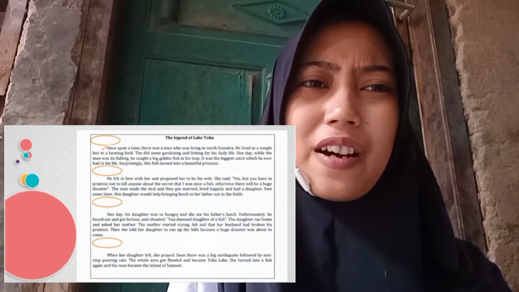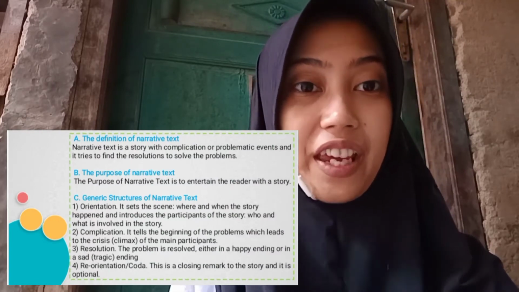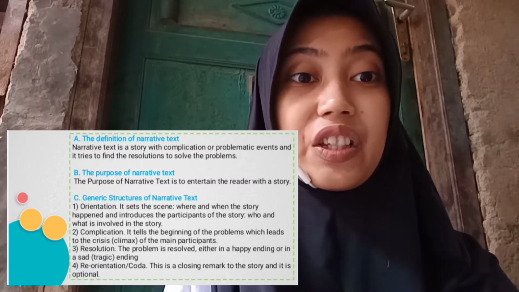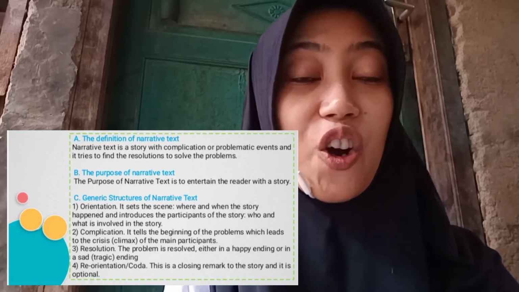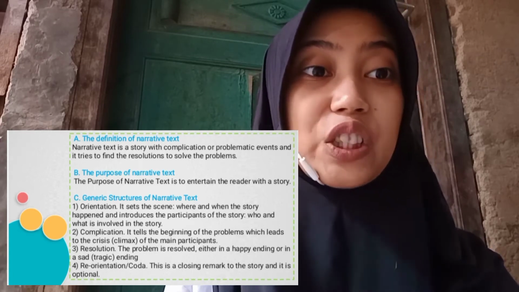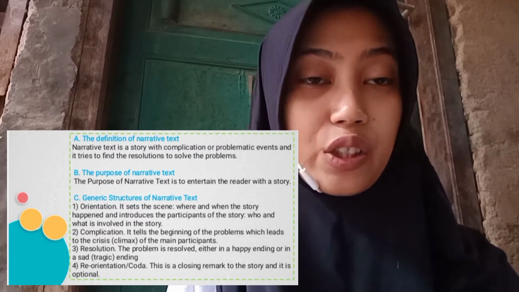We have to identify the generic structure. Before that, I will explain the generic structures of narrative text. Actually, there are four generic structures of narrative text: orientation, complication, resolution, and reorientation or coda. The first part is orientation. It sets the scene, where and when the story happened, and who and what is involved in the story.